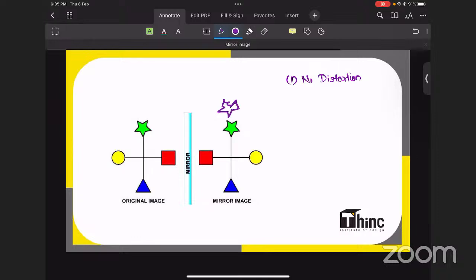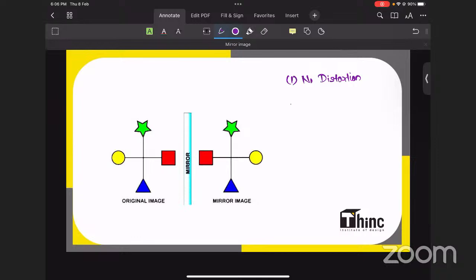Or if the triangle has been reflected like this, then we call it distortion, or it got distorted. A change has happened to it. So that is distortion, and distortions are not suitable for these mirror image questions. Whenever you find a distortion in an option, cut that option. You can remove that option and move on to looking at the other options. Anyway, if distortion happened, that option is not required.